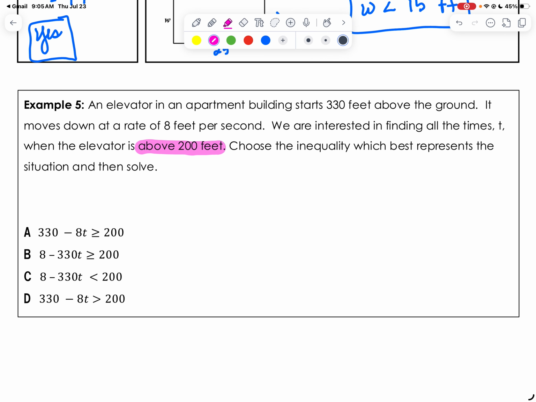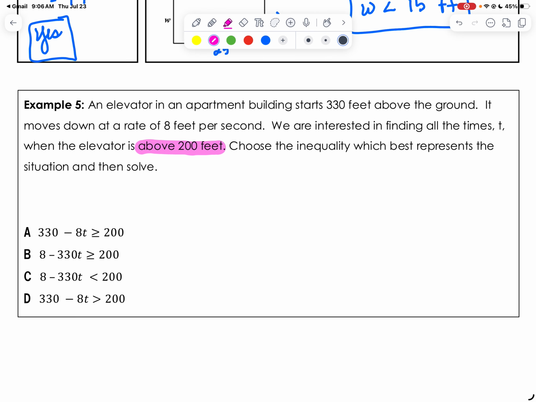Now pause the video and try this problem on your own. What I want you to do first is select which inequality you think best models this word problem. Once you've chosen the inequality you think best models the word problem, then solve that inequality. When you're done, press play to check your answer.